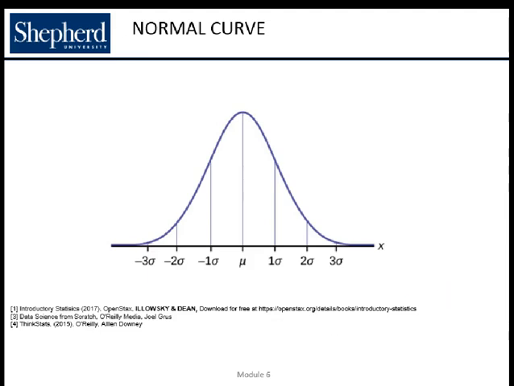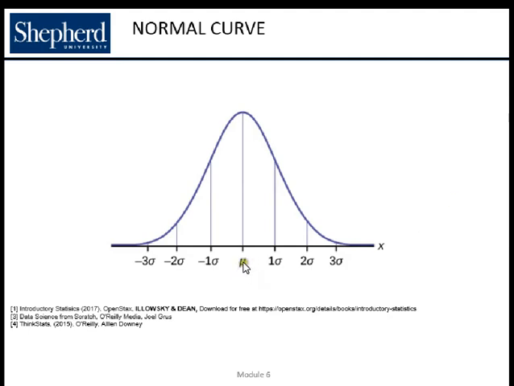Here again we see the normal probability distribution. Some of its characteristics are 68% of the values of a normal distribution are within plus or minus 1 standard deviation of its mean.